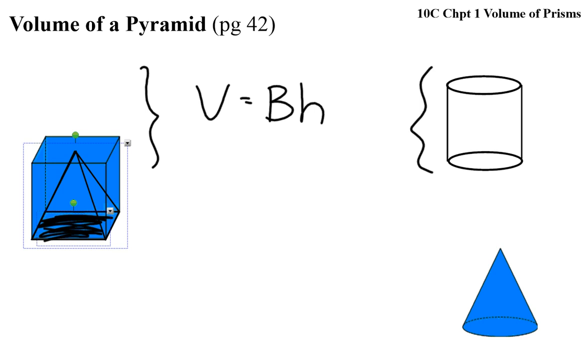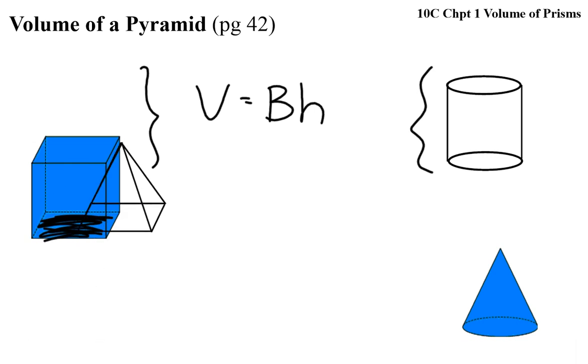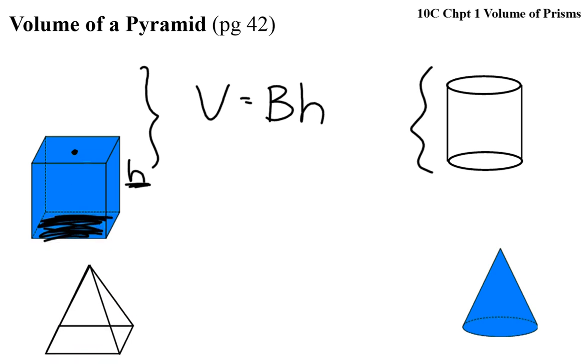That's going to be important. But we also see, hopefully, with this, that when I put them together, the heights are the same. This height of this pyramid is supposed to be showing that it meets right in the middle of the top. So our height on that prism is the same as the height of that pyramid.